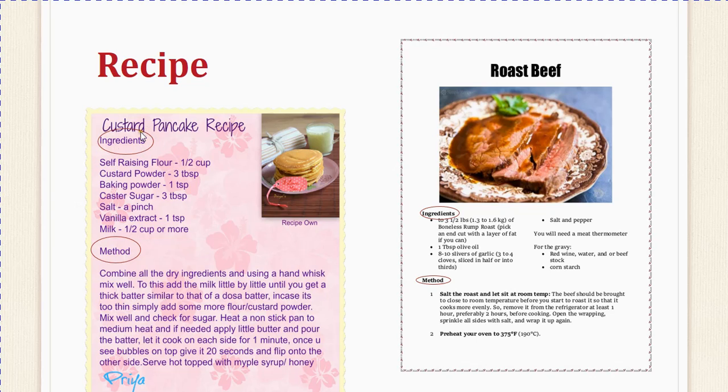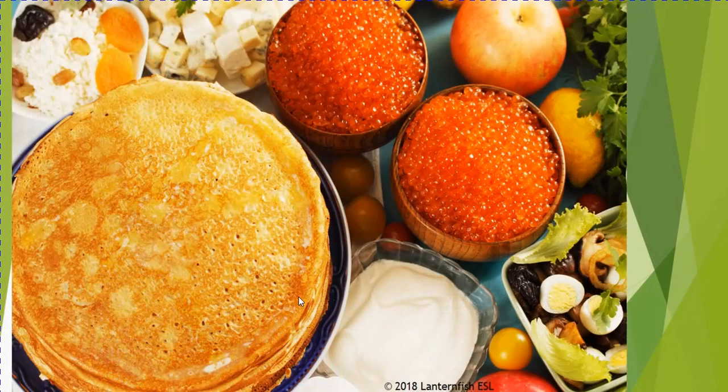So I must have the ingredients, which means the things or the items I need to make this food. And there must be the method in the recipe, which is the steps or the instructions to do this food. What do I have to do first, second, and so on. So this is the recipe that we are going to write for today. I'm going to learn how to write it.